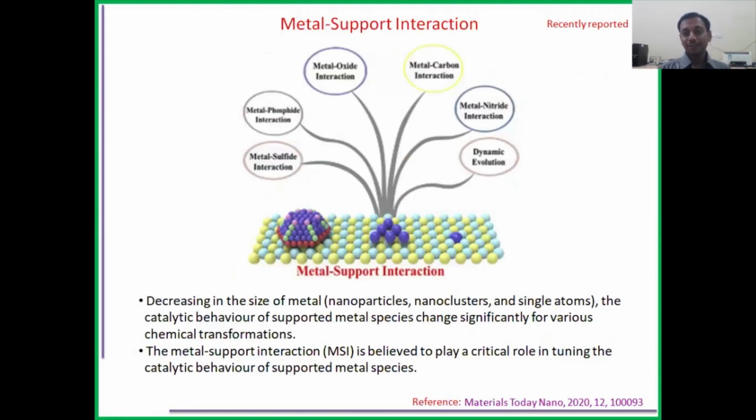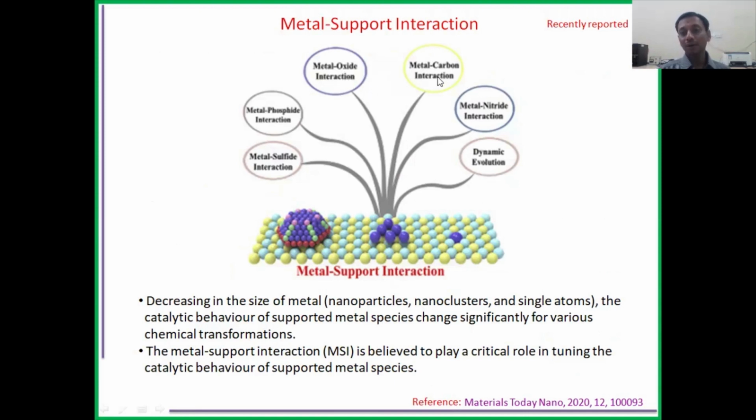In this whole catalyst discussion, when we talk about heterogeneous catalysis, a recent article in 2020 gave very good examples of metal support interaction. Your metal is with many supports. It can be an oxide, we can say metal oxide interaction.